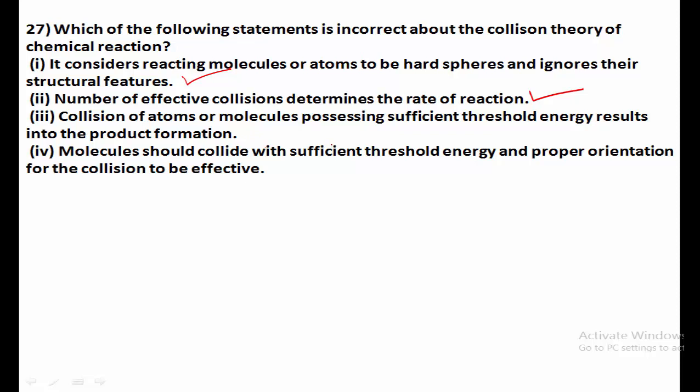Fourth one, molecules should collide with sufficient threshold energy and proper orientation for the collision to be effective. This is also the right statement. The only thing is, this third one is the wrong statement, because collision of atoms or molecules possessing sufficient threshold energy results in effective collision, but they may or may not form product, and hence this is the incorrect statement about the collision theory of chemical reaction. So option 3 is the right answer.